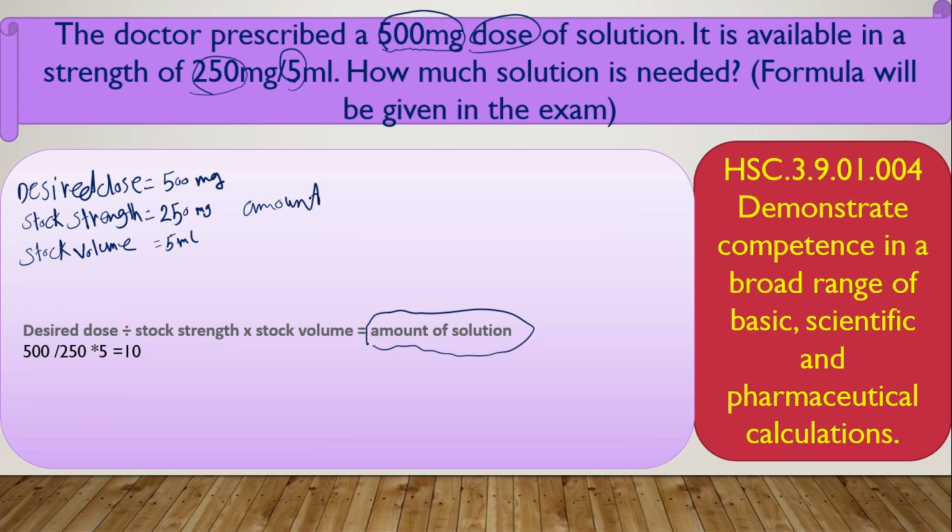Amount of solution equals what? Desired dose, 500, divided by stock strength, 250, times 5 milliliters.